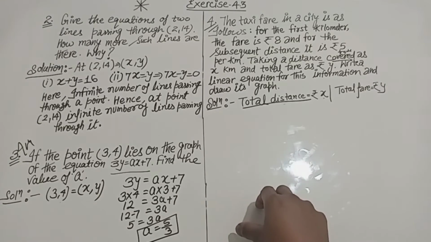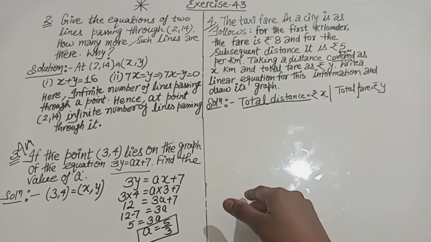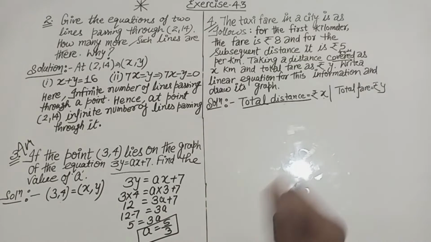As an example, if one chocolate price is 10 rupees, then 5 chocolates cost 5 into 10, which is 50. So per chocolate price into total chocolates gives the total chocolate price.